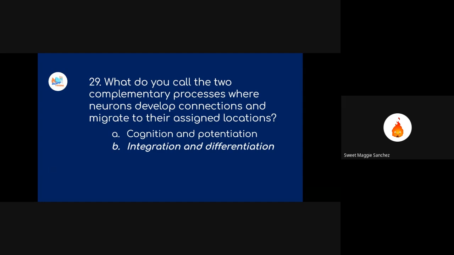They're in charge of, let's do this in layman's terms, how neurons transfer information to their assigned locations inside the nervous system. So, where do they connect? Yan yung in charge sa integration and differentiation.